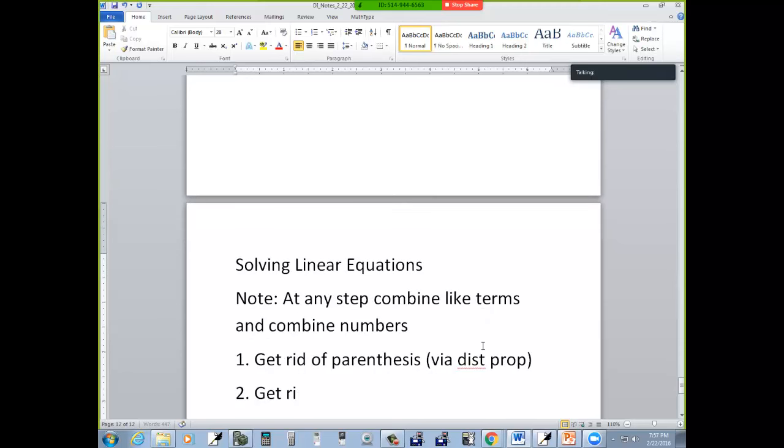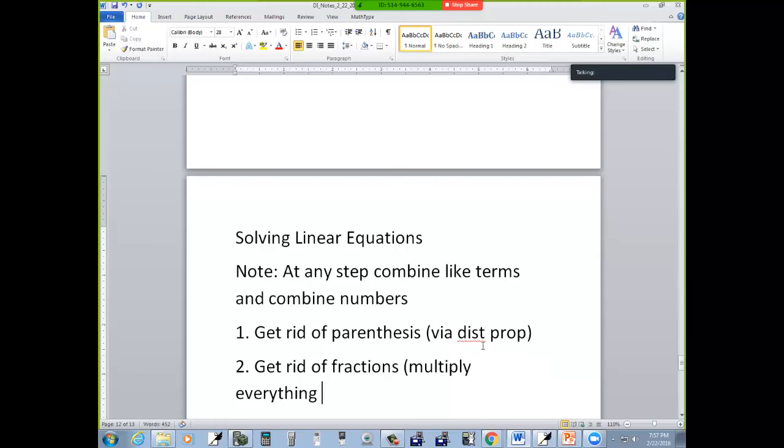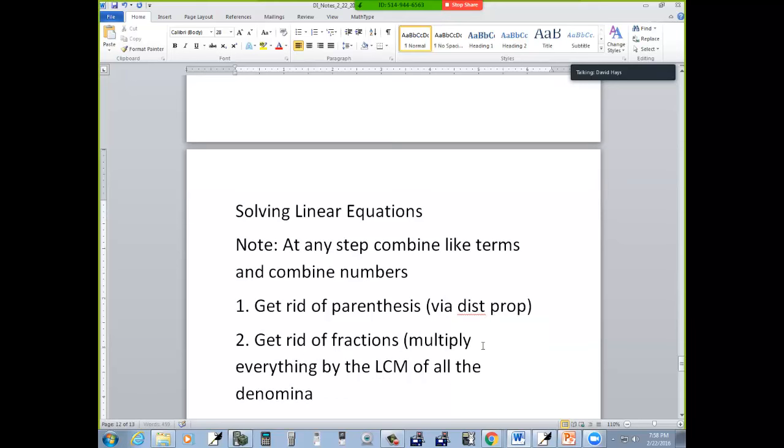Step 2 is to get rid of fractions, and we multiply everything. I'll talk more about what everything means once we work some problems. Multiply everything by the LCM of all the denominators.